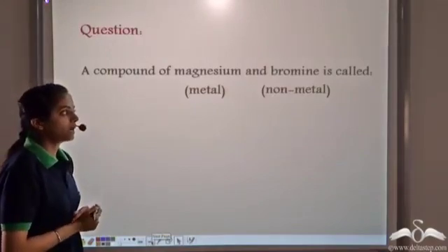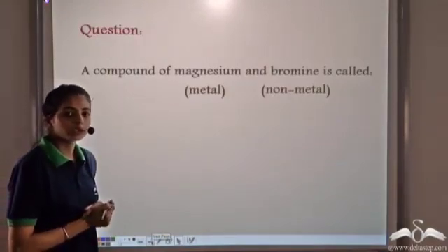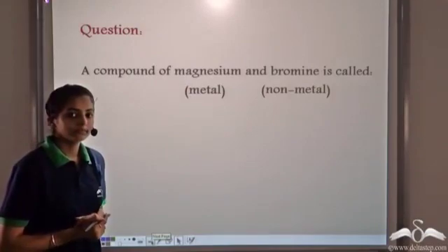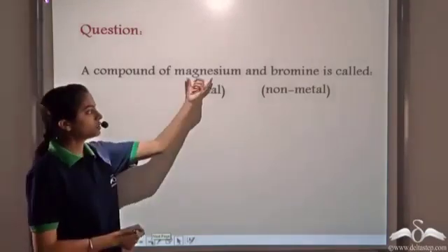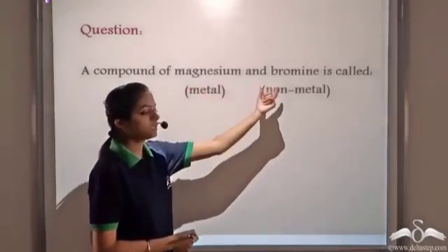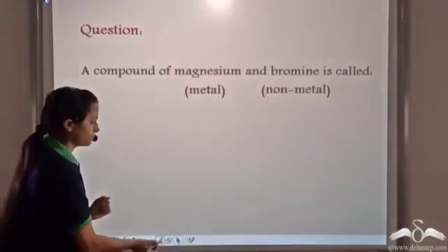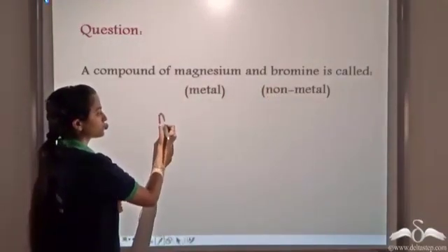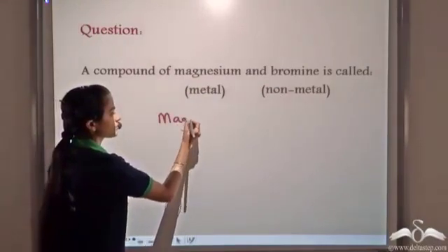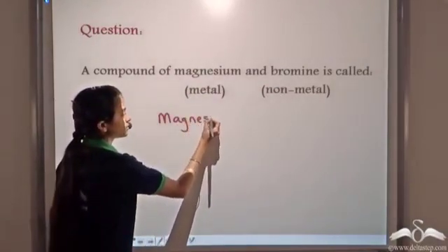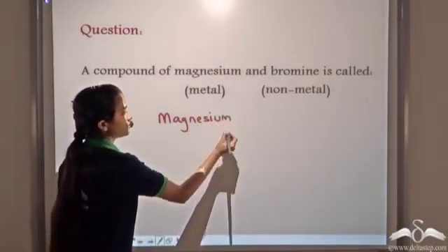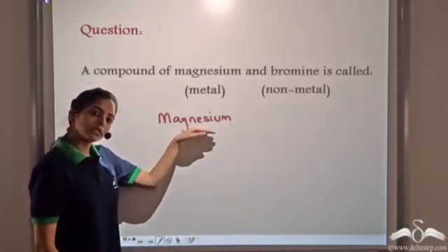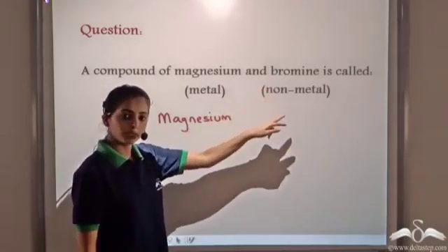So if there's a compound of magnesium and bromine, what is it called? We know magnesium is a metal, bromine is a non-metal. So we write the metal first. The metal is written as it is, and then the non-metal.